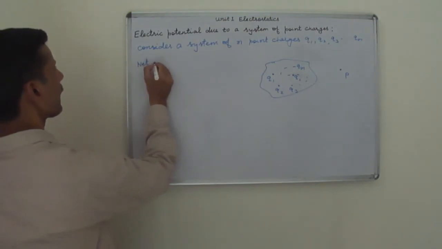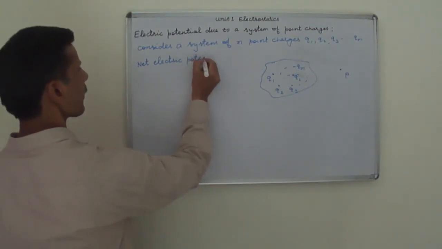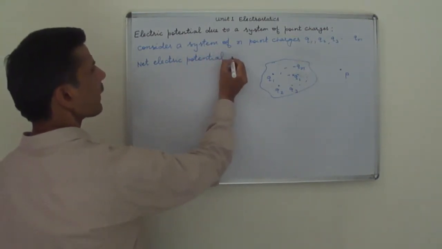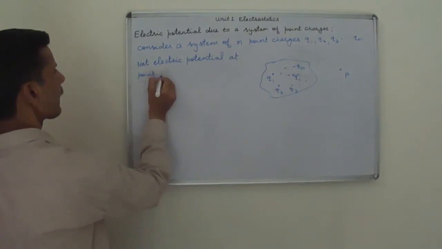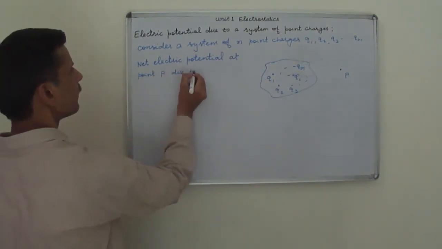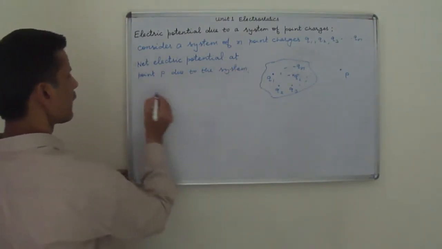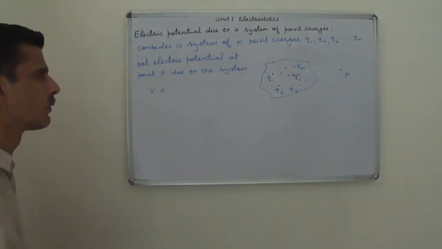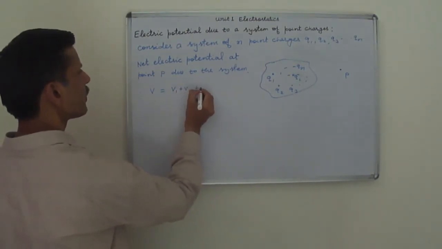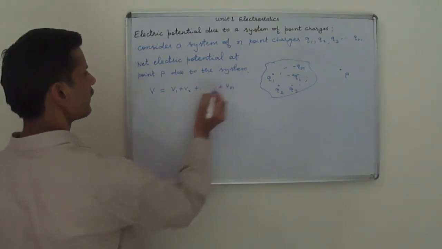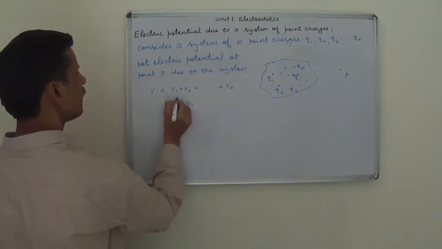So net electric potential at point P due to the system, V is equal to V1 plus V2 and so on plus Vn, or you can say summation Vi, i varies from 1 to n.